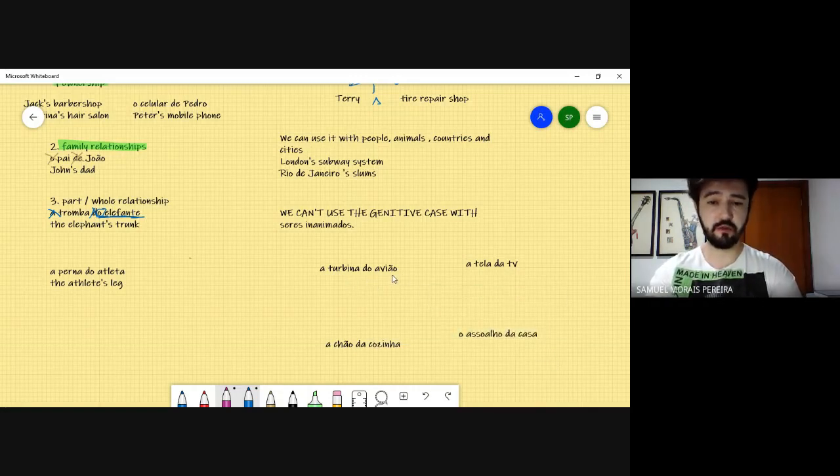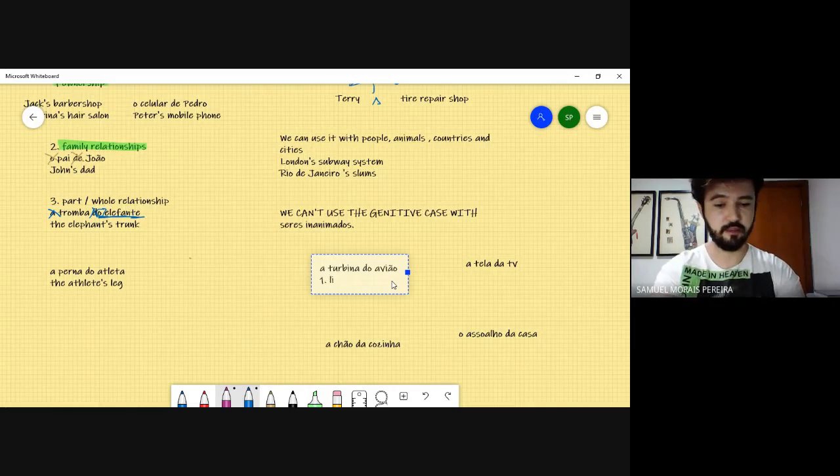When I say a turbina do avião, as you can see, the relationship is this third one here, a parte pelo todo. A turbina é uma parte do avião, a tela é uma parte da TV, o chão é uma parte da cozinha, okay? Well, so how do I translate it, okay? You have two possible ways of translating. You can translate it literally, following the sequence of the words in Portuguese, okay?